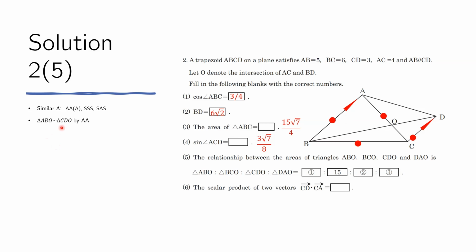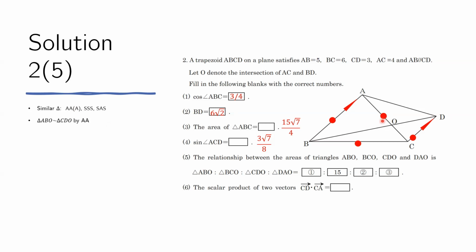We see that by AA, this triangle is actually similar to this triangle. And that means we can say a lot of things about the proportionality of their sides. And the reason we think they are similar is because of AA. That means we know two angles to be equal.